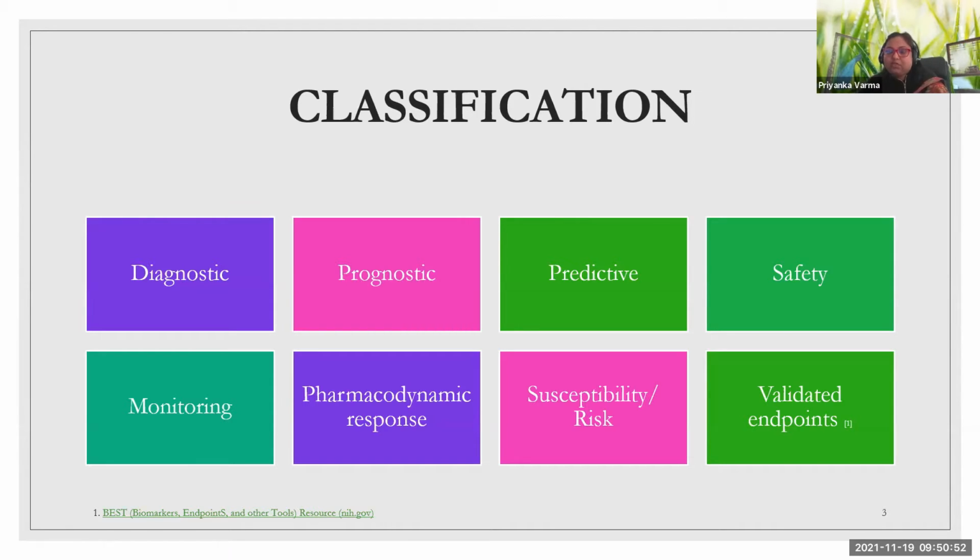For example, sweat chloride to confirm cystic fibrosis, HbA1c for type 2 diabetes mellitus, repeated blood pressure readings to confirm essential hypertension. Gene expression profiling can be used as a diagnostic biomarker to segregate patients with diffuse large B cell lymphoma into subgroups with different tumor cell of origin signatures. So it can be any of those examples and many more.